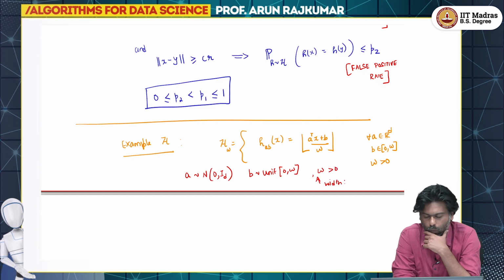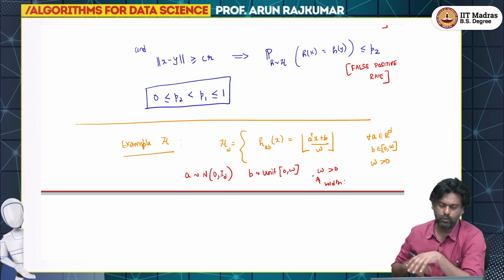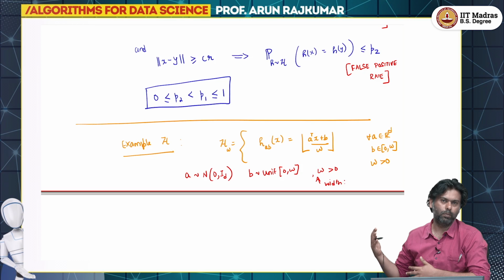And what we argued last time was the chance that a collision happens is inversely proportional to the distance between the 2 points, right? So that's what we argued last time, and that is enough to say that this hash function family is in fact R, C, P1, P2 sensitive for some choice of R, C, P1 and P2, right. So, that is if I fix R and C, some P1 and P2 will come up, right.